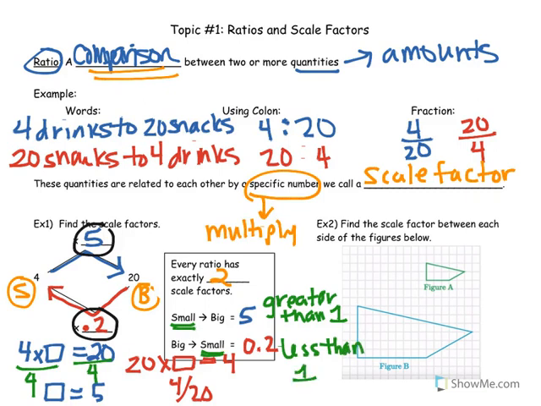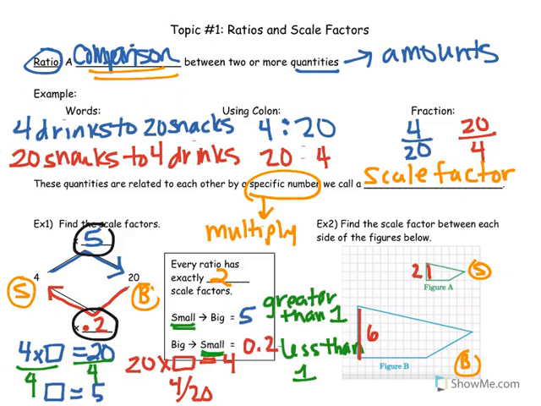All right? Let's see what this looks like as a picture. If I'm looking at example 2, it says find the scale factor between each side of the figures below. This is my smaller figure, this is my bigger figure. So this side, I'm just going to use one side, is 2 units long. And this side here is 6 units long.